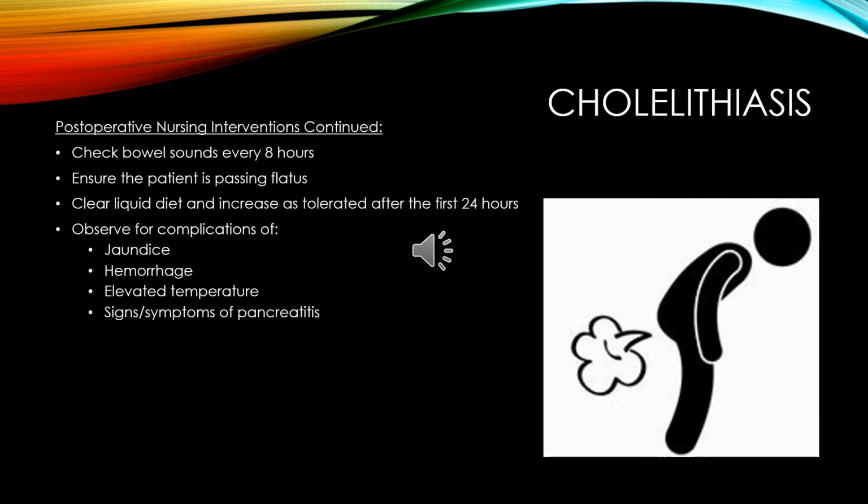We'd also need to make sure to document and let the surgeon know if they had any major complications of jaundice, hemorrhage, if their temperature spiked, or if they had any signs and symptoms of pancreatitis, because that would be alarming and the surgeon would need to be notified about those things.